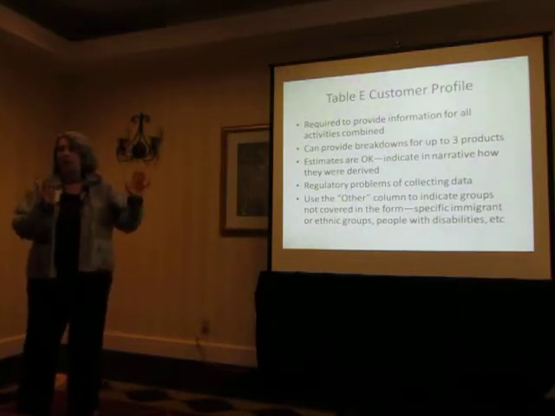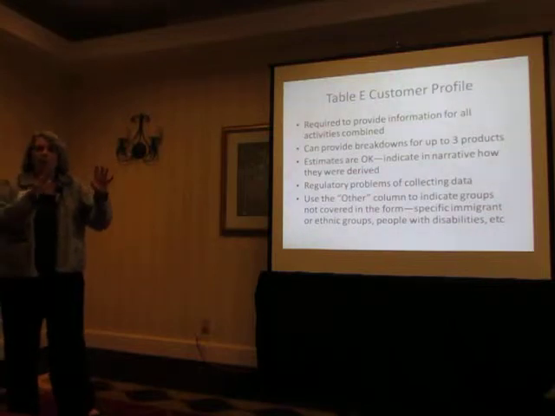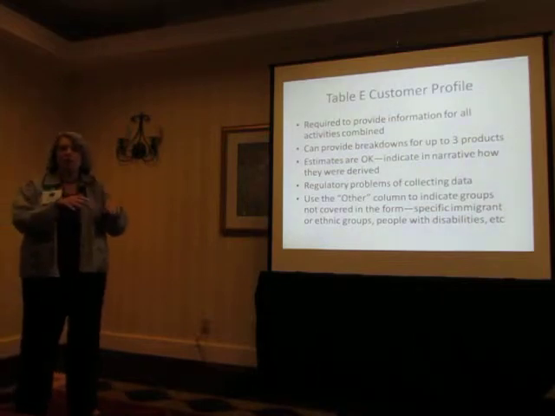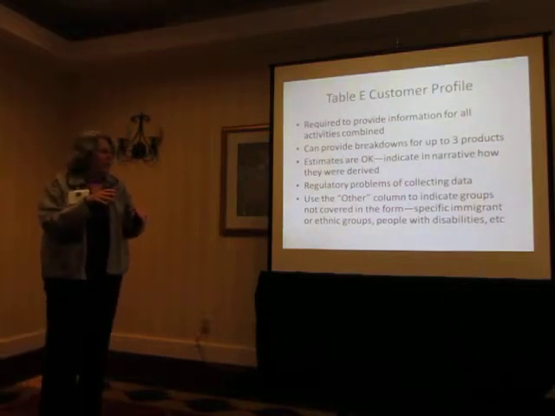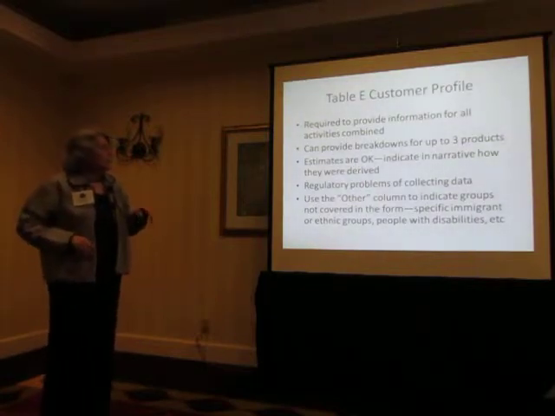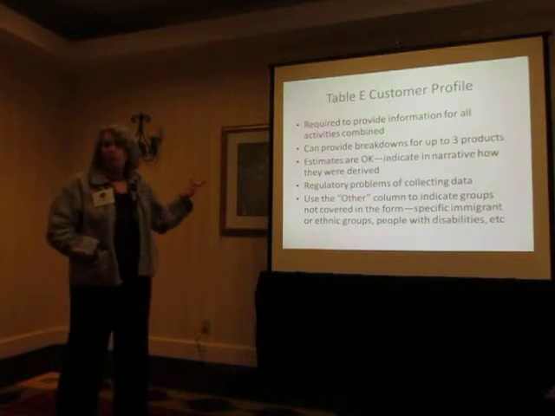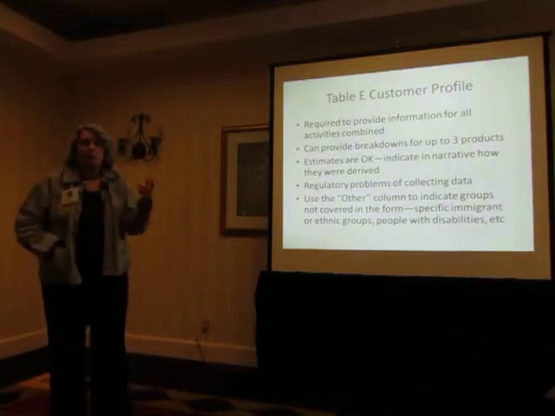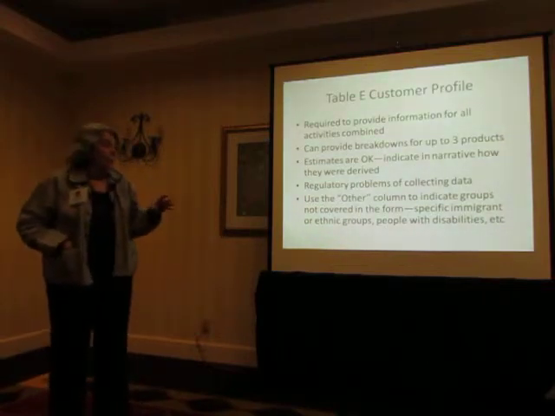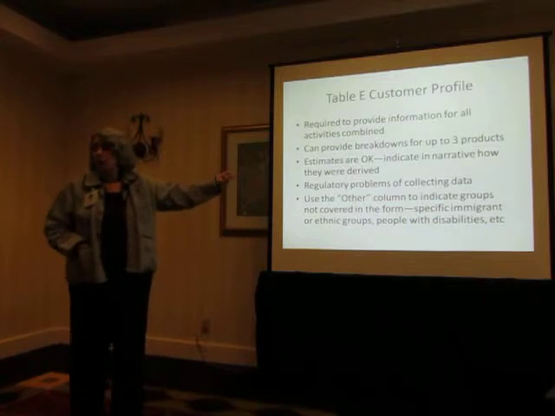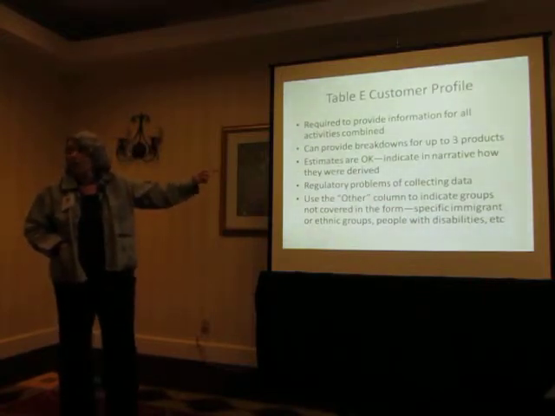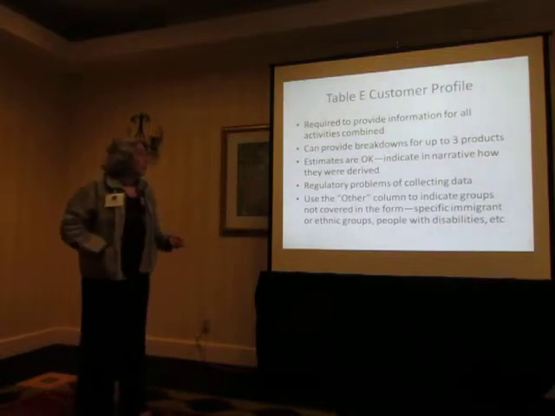There's a table where they ask about the customer profile: what percentage of your borrowers break down into different ethnic groups, single head of household, and many of us don't keep that information. Some of the information, for credit unions for example, you're even legally prohibited from keeping. Estimates are okay, is what we've been told. You need to indicate in the narrative how you derive those estimates.